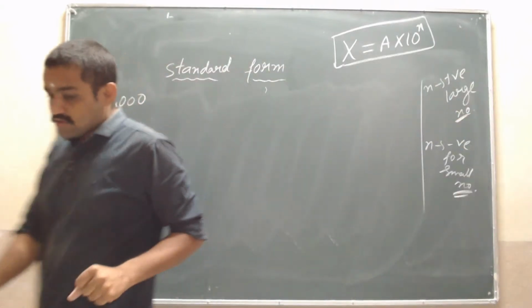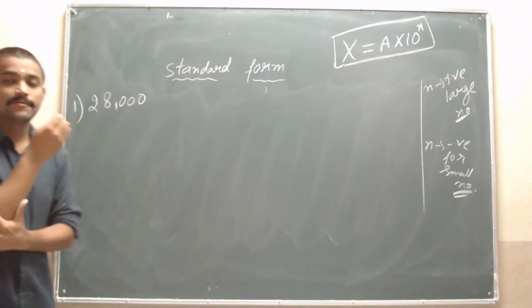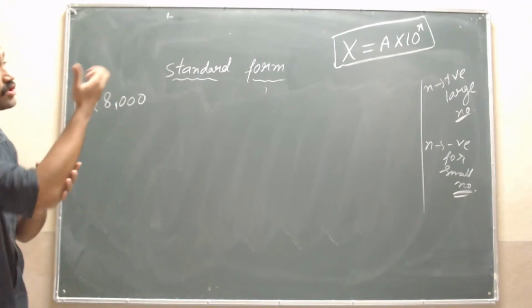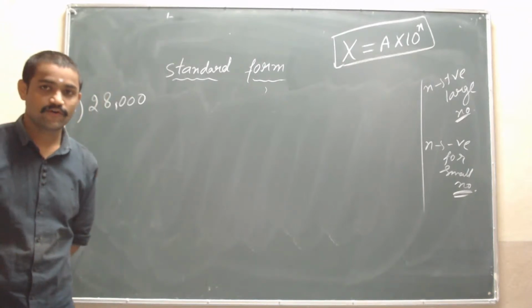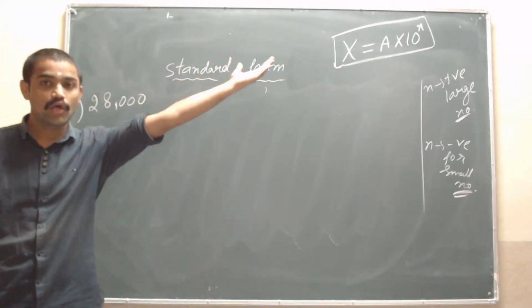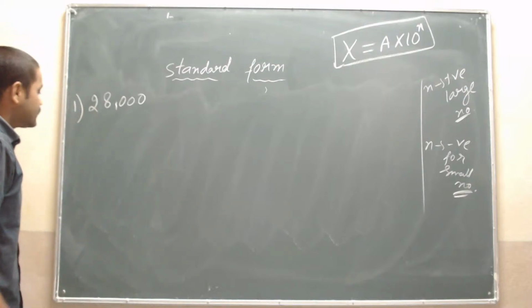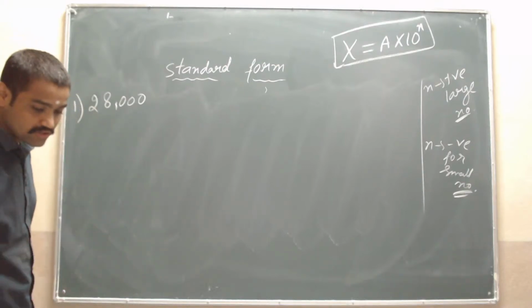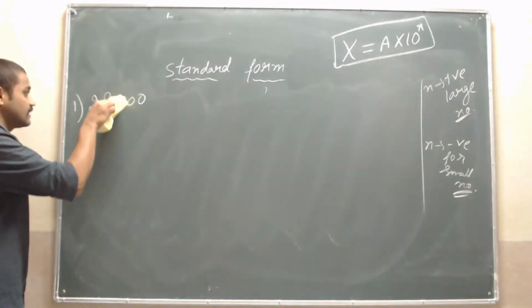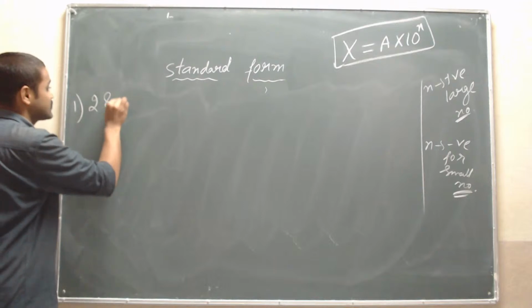Now we have to convert this 28,000 into standard form. x is nothing but 28,000, and we have to convert that into a into 10 to the power of n.